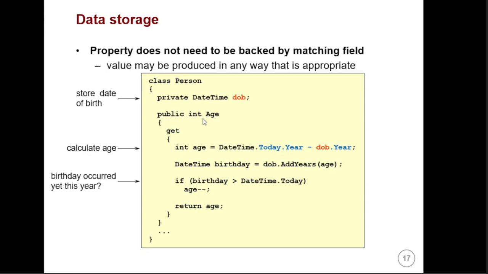Looking at this example, how did we implement this? You can compute the age by simply using this statement. You get the year today, based on the date and time.